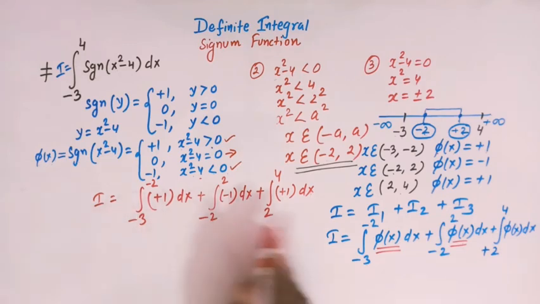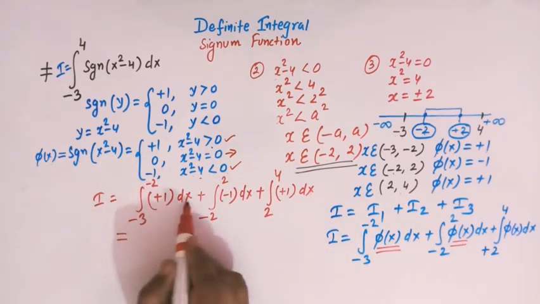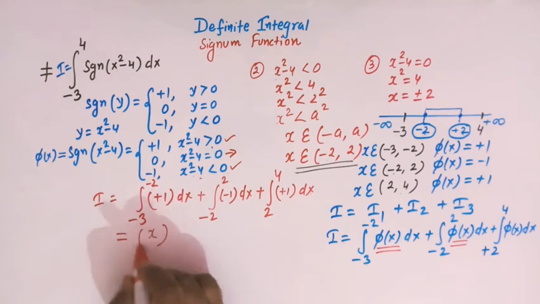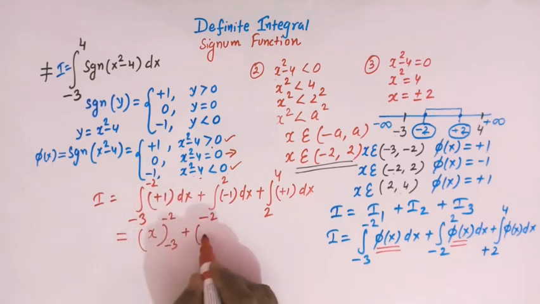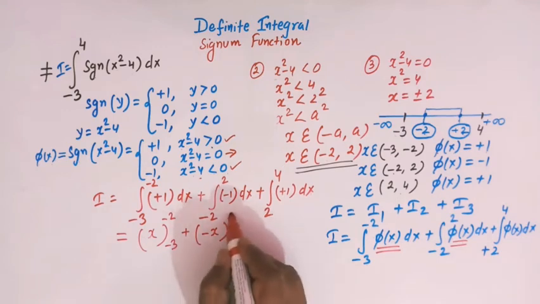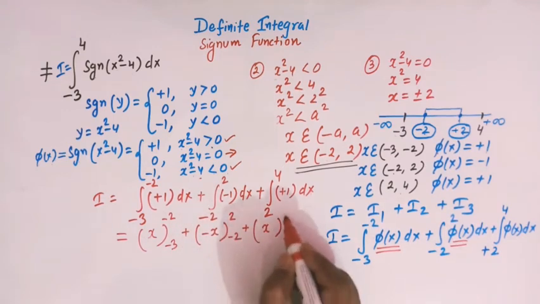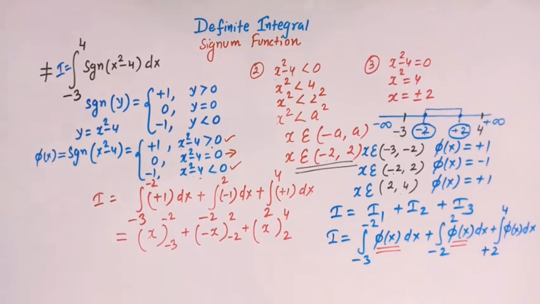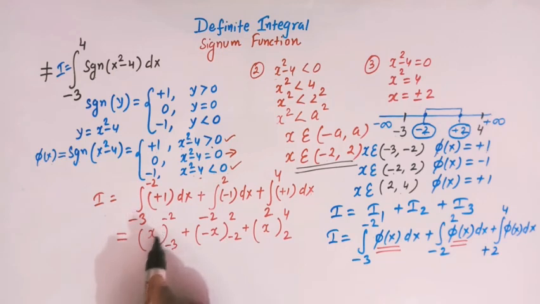Now we have these 3 simple integrals. The integral of dx is x, with limits from -3 to -2; then -x with limits from -2 to 2; and x with limits from 2 to 4. Now we simply substitute the limits one by one and take the difference.